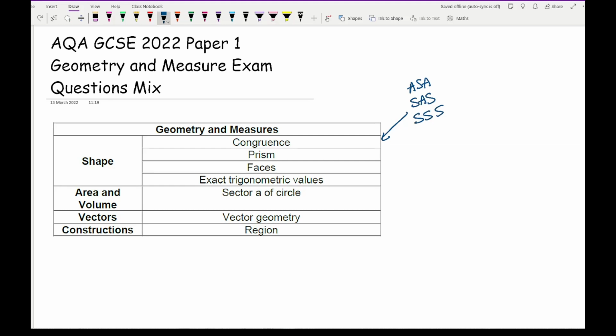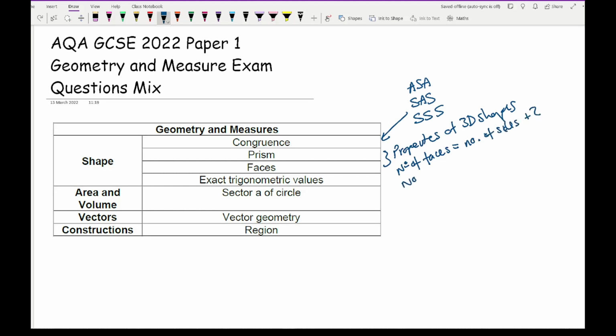Now in terms of prisms and faces, again this is looking at the properties of 3D shapes, and it may be just a case of recognizing that the number of faces is equal to the number of sides plus 2.